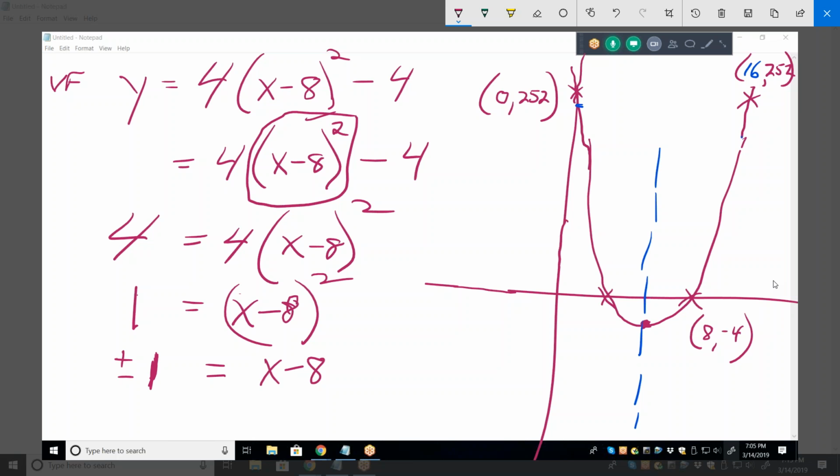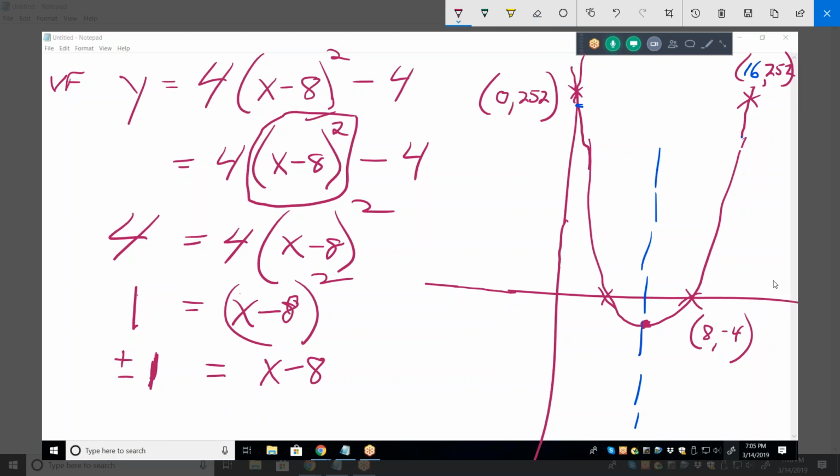Now, solve for x. There's two different values for x. What are they? Okay, let's do it this way. You need to know how to handle this plus or minus. So to solve for x, what do I got to do, first of all? Add 8.